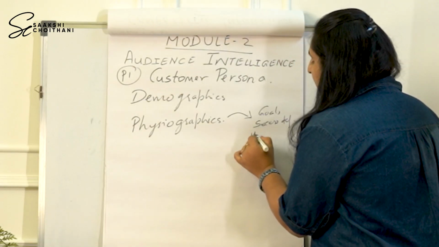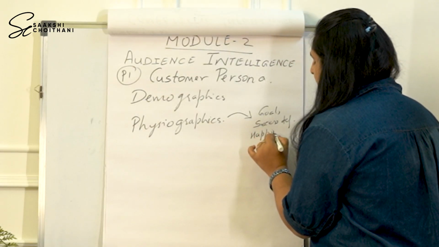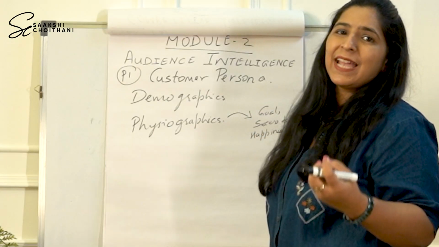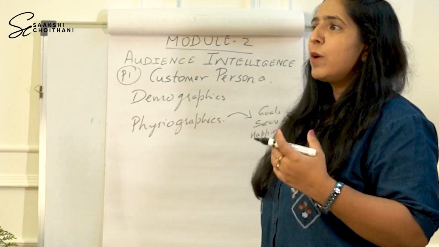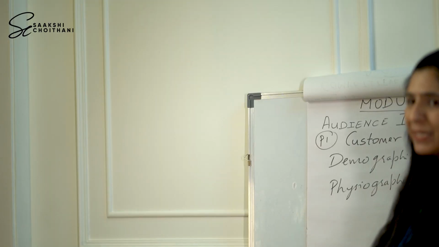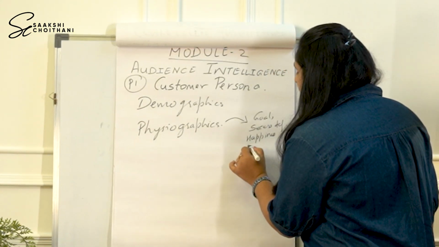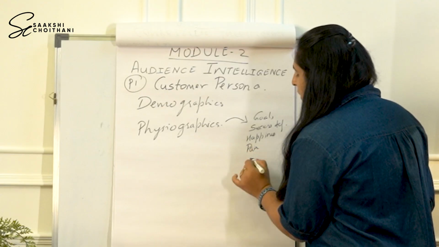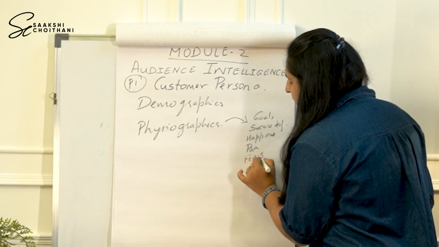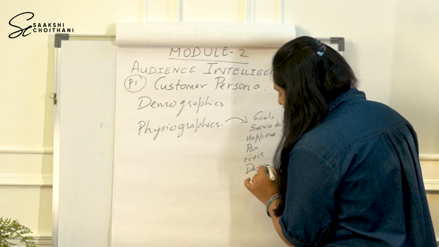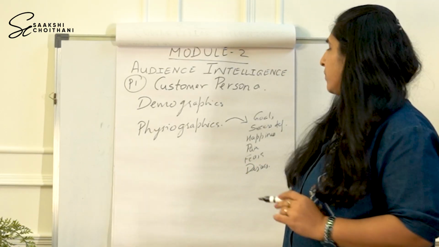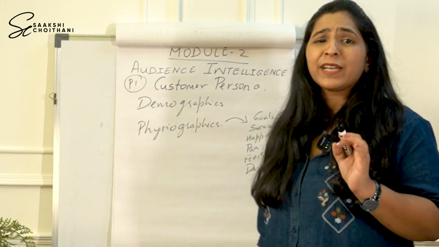What could be a happiness index for the person? What is their quotient of joy, their quotient of happiness, their quotient of emotional stability that they carry? What are their pain points? What are their fears? What are their desires? All of this comes down to psychographics of your client persona.